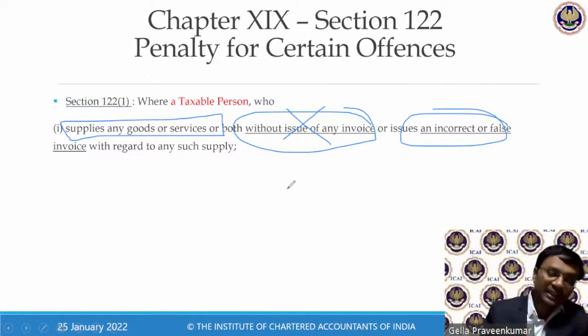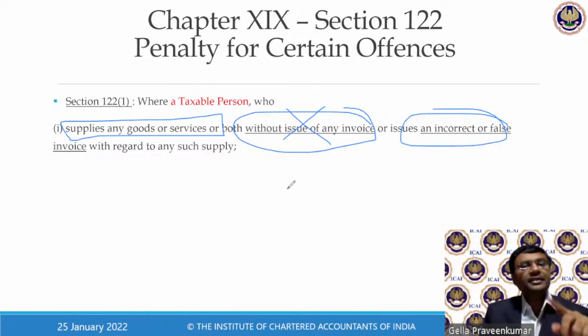Recollect your demand and recovery. There was one provision in demand and recovery where, on the authorization of a commissioner, a tax officer can go for purchase of goods or services to check whether the supplier is issuing a tax invoice. So where there is a supply of goods without a tax invoice, it is an offense. This is your point number 1.